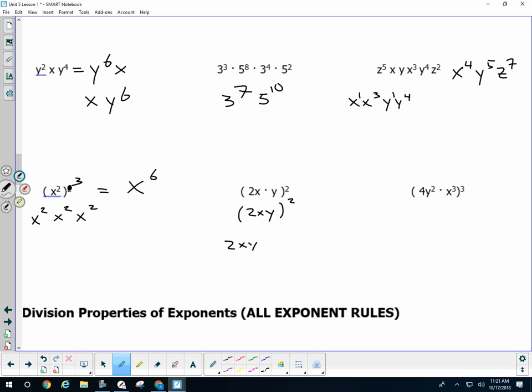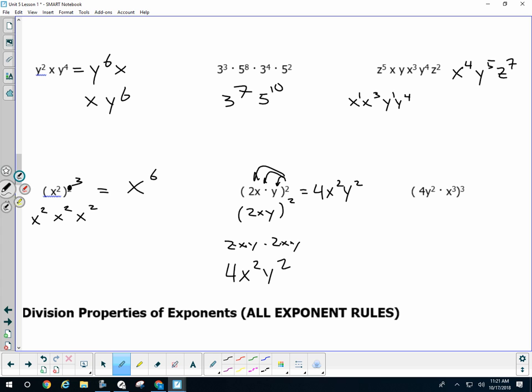Because let me write it out. 2xy times 2xy. Multiplication. You can multiply anything in any order. You get 4x squared y squared. That is like me making sure every single term is being squared. So that's another rule that you can remember, or you could just understand conceptually that yes, you're going to be multiplying everything by itself however many times.